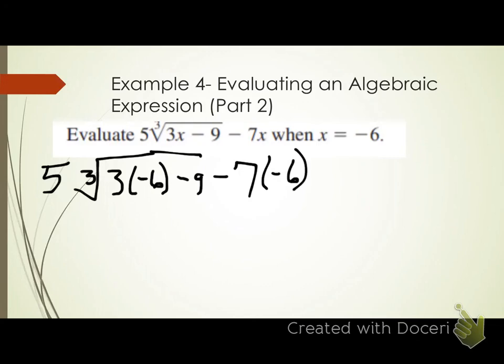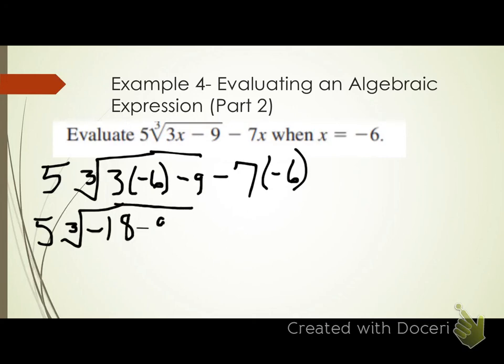Got to follow our order of operations. So what am I going to do first if we're doing order of operations? Under the cube root. Very good. I'm going to do everything in my cube root first. So what is 3 times negative 6?